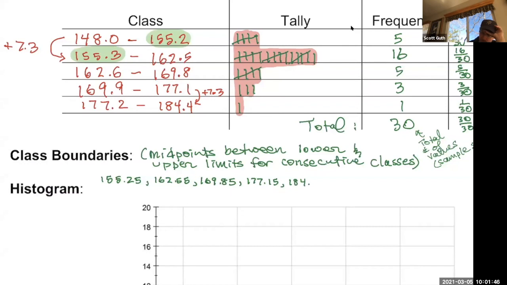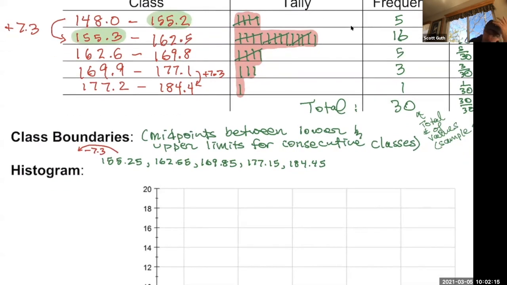So all I've done is taken all the upper limits and added a 5-digit after the last digit of the number. And then there should also be one before the first class. So here you want to subtract the 7.3, which is the class width. So here I'm going to say minus 7.3 to get the earliest one, and I'll do that in red.